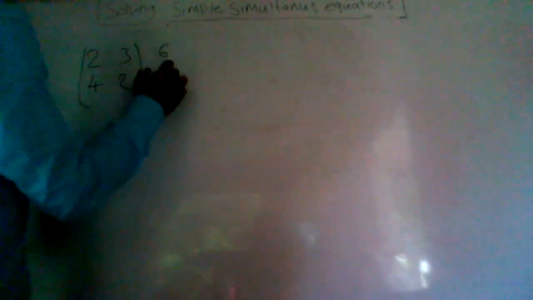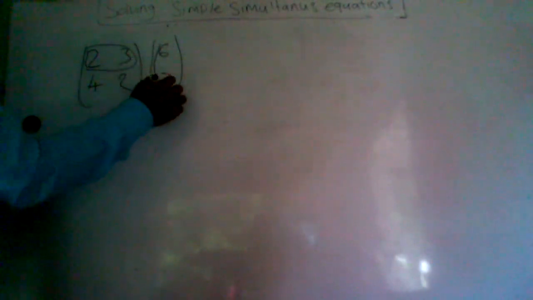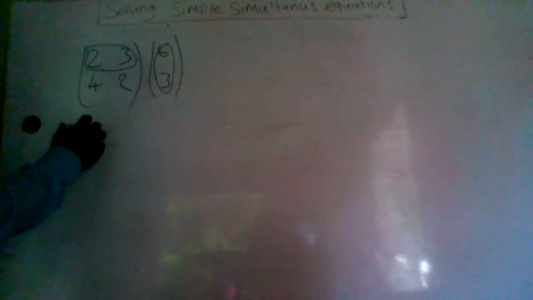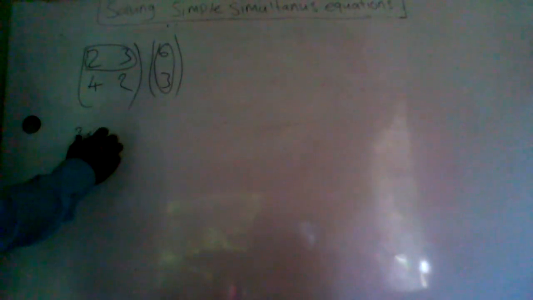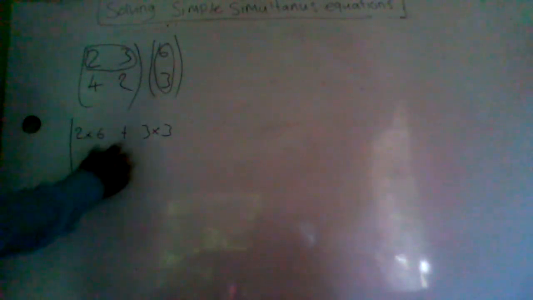We are multiplying this matrix by 6, 3. What we'll do now is multiply row by column. So this will be row 1, column 1. So for row 1, column 1, we'll have 2 times 6 plus 3 times 3.